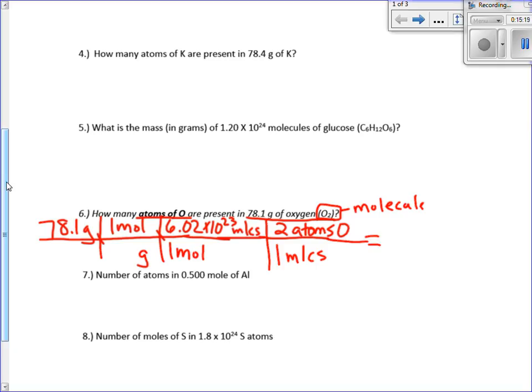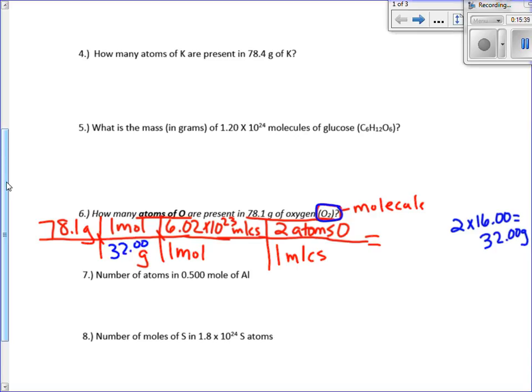So the only thing left to do is insert our molar mass of oxygen. We already know this, right? What's the molar mass of oxygen? It's 2 times 16.00. So that equals 32 grams. So we would put that in here.